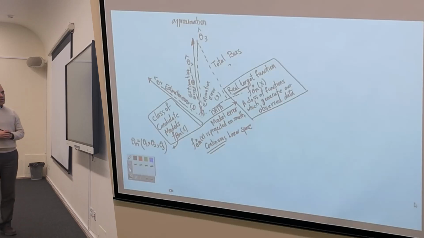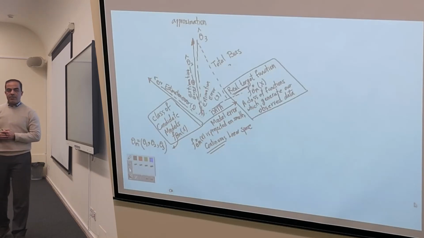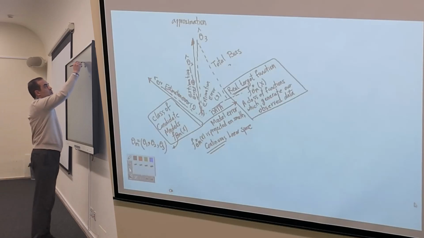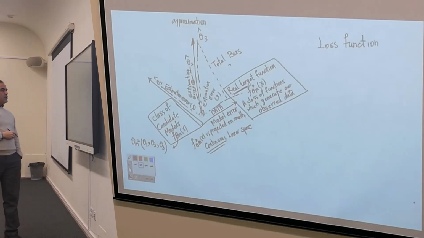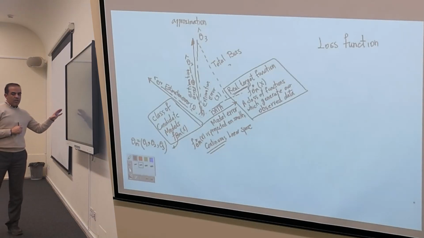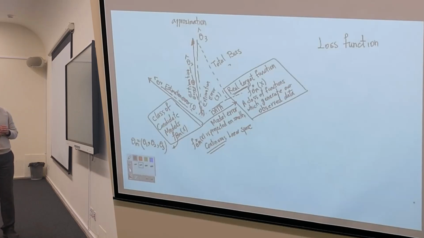So if we consider this model error that we have here, and we call it the loss function, that can help us to calculate the total error that we might make with the candidates for this real function that we want to estimate.